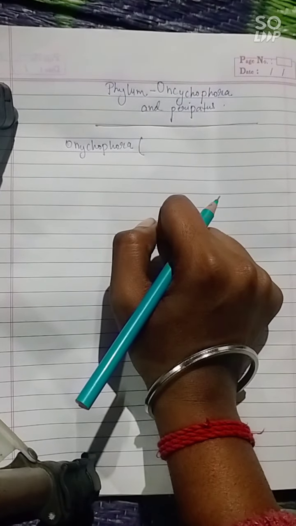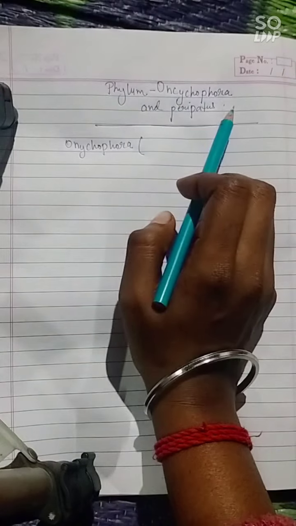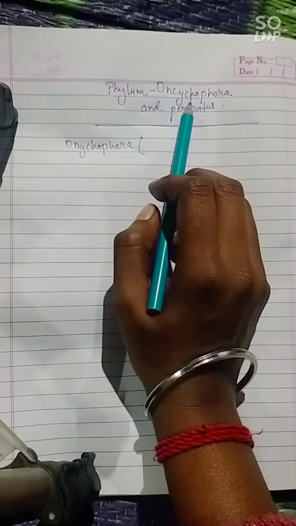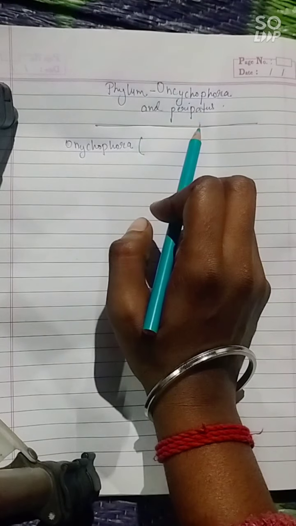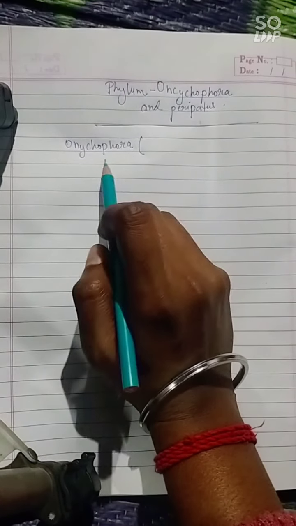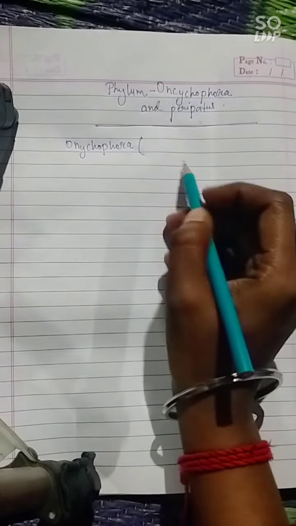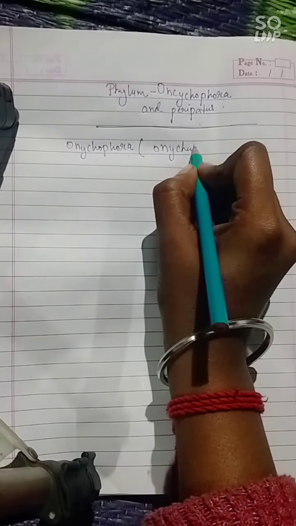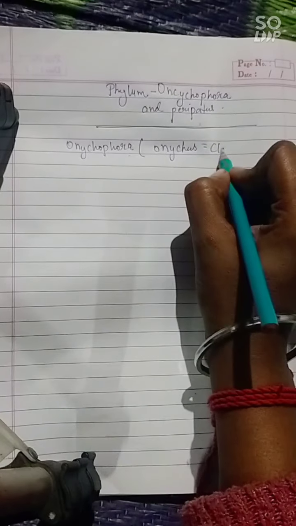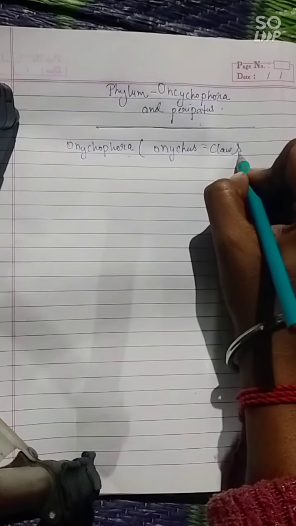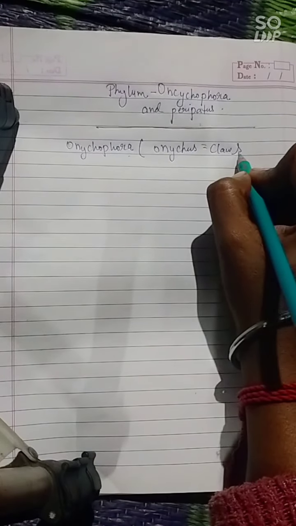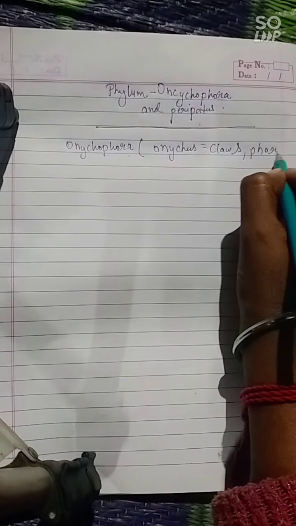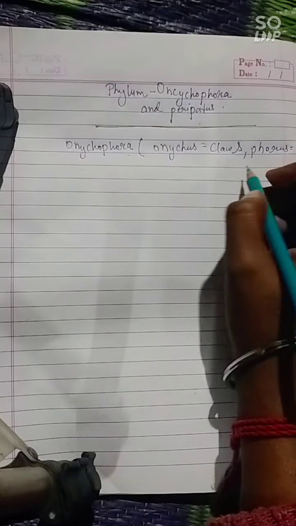So today our topic is phylum Onychophora and Peripatus. We are going to study the general characteristics of Onychophora and Peripatus. Onychophora comes from onychus, which means claws, and phorus, which means bearing.